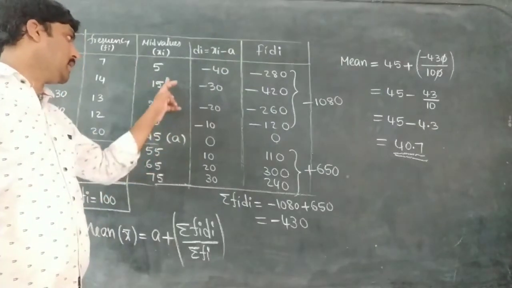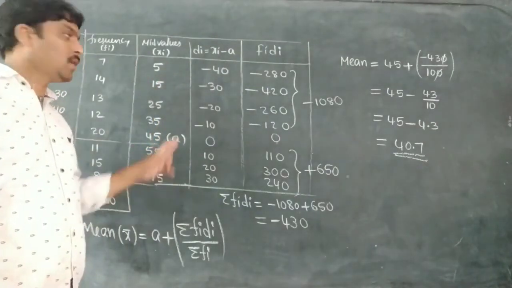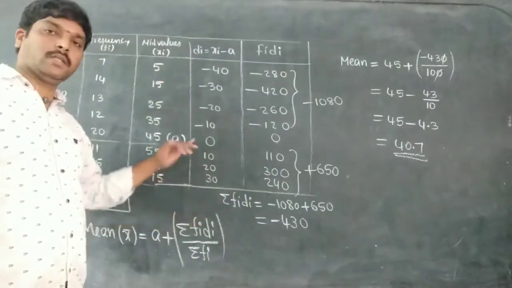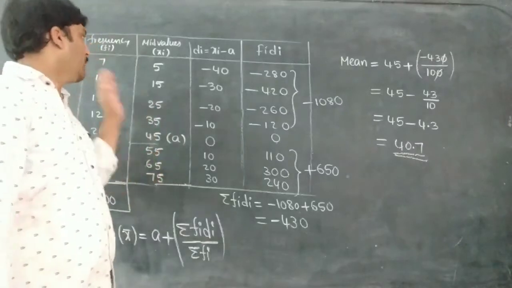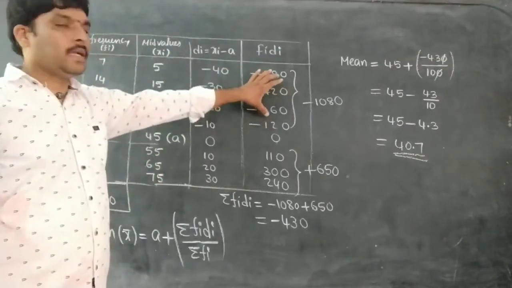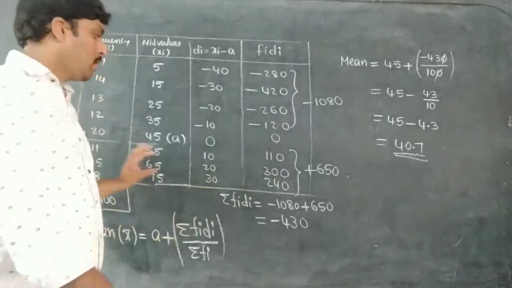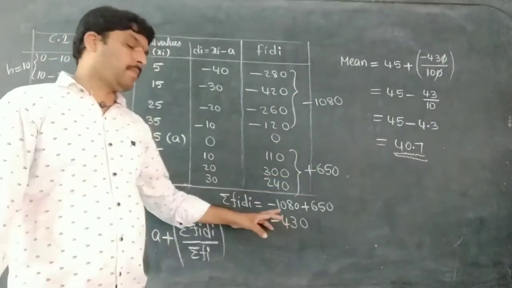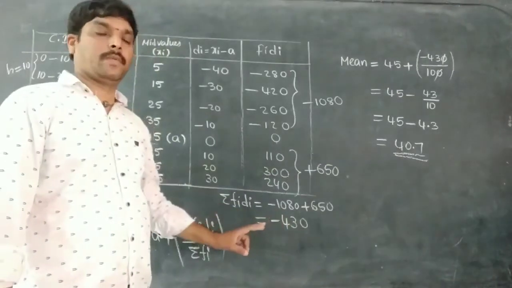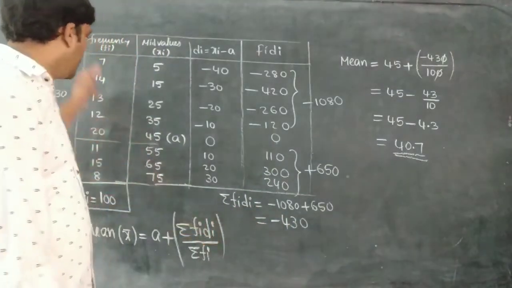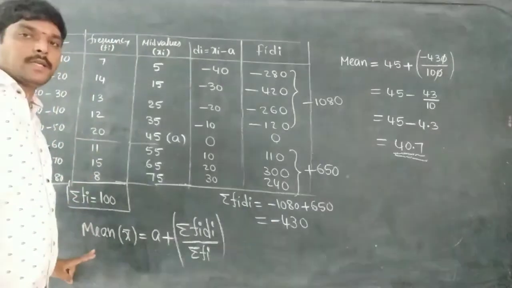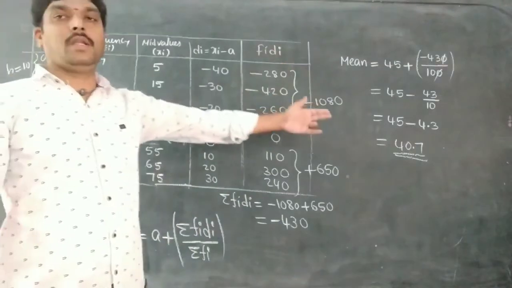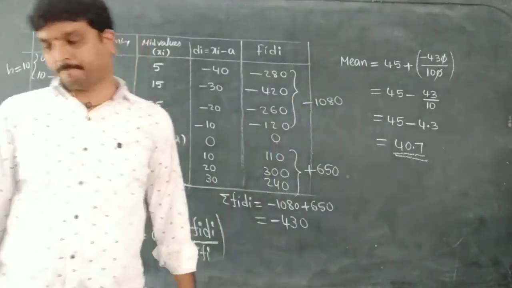We got 0, 10, 20, 30 downward, plus values; upward, negative values. Fi into di, multiply: negative numbers should add, positive numbers should add. Big number minus small number, whatever sign the big number has, that sign you should keep. That is sigma fi di. Here the total is sigma fi. Mean is equal to a plus sigma fi di by sigma fi. That was the mean explanation.